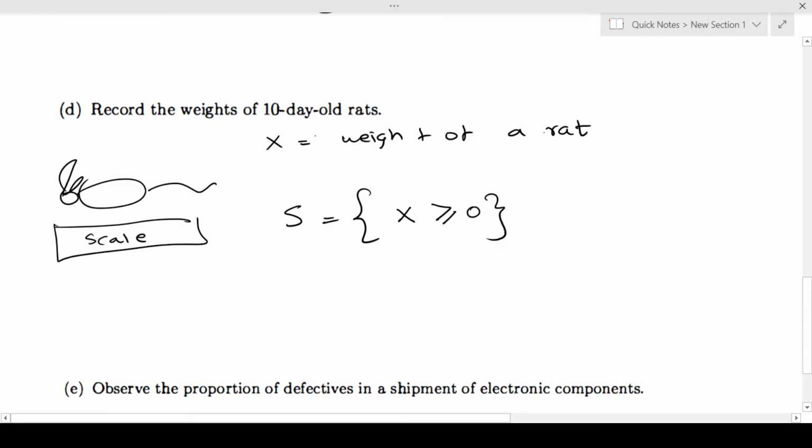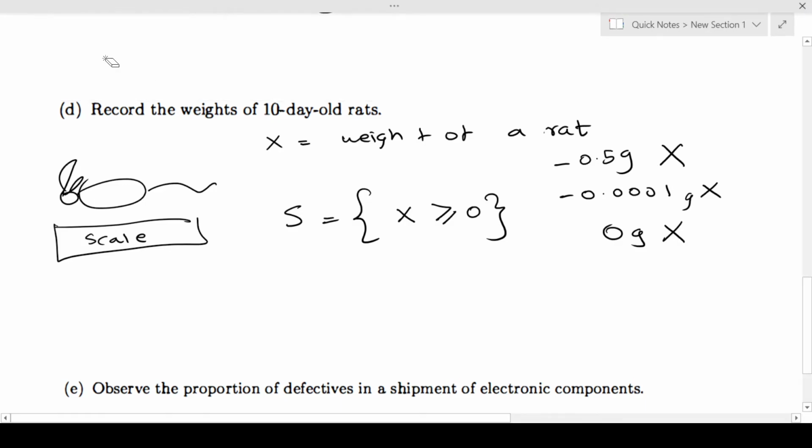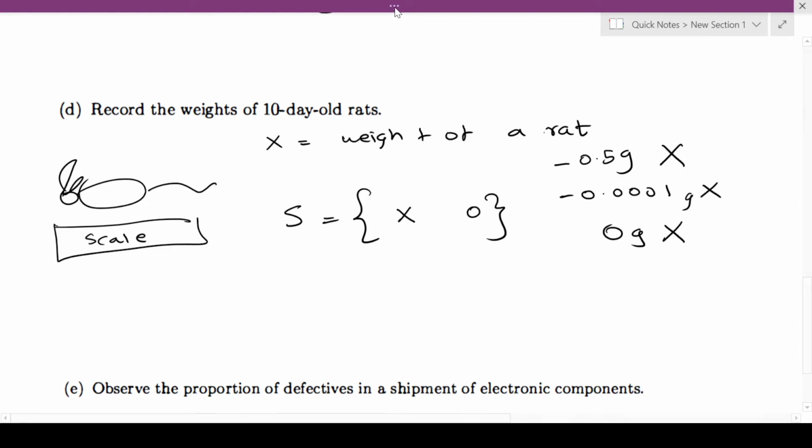Why? Can the weight of a rat be negative 0.5 grams? No. Can it be negative 0.0001 grams? No. Can it be 0 grams? Still no. So we cannot include the greater than or equal to sign.